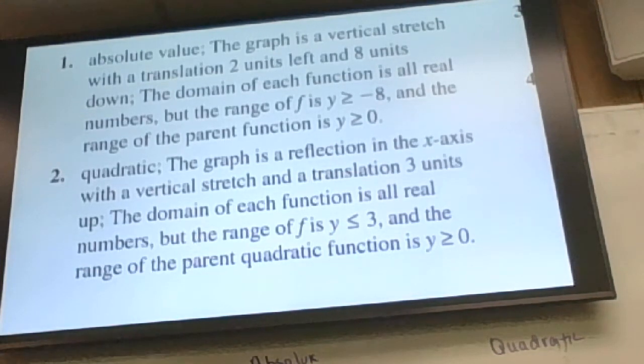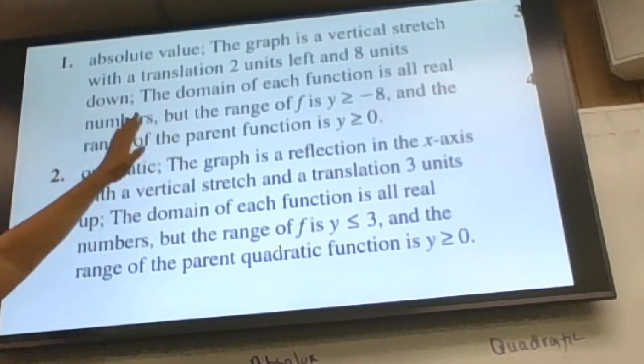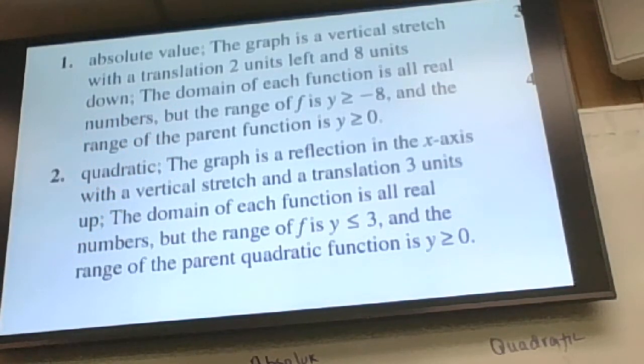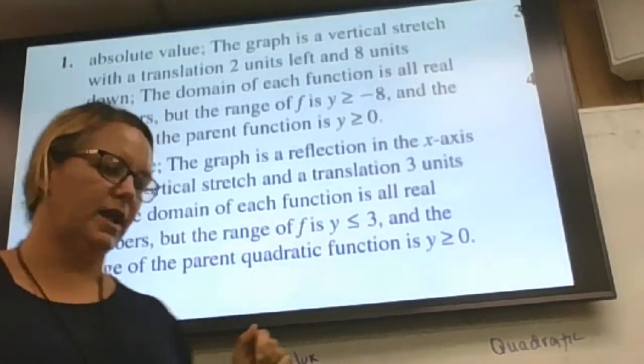For number 2, you're able to say yes, it is quadratic. The directions were to compare. So I wanted to see you write 2 units left, horizontal translation, 2 units left, 8 units down, something like that. Don't copy this word for word. Read it. Think about it.